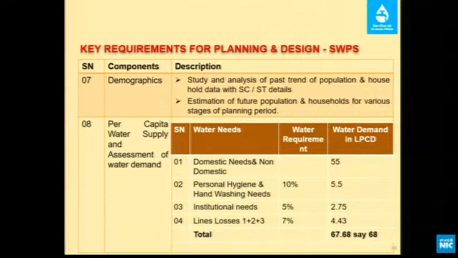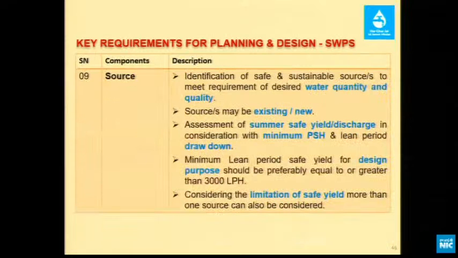I am not going much into demography, as Rana has already explained. Clearly, I have to see that my source is sustainable in consideration of the solar radiation hours. I have seen a few DPRs from some states adopting pumping hours of 10, 12, 15, 16, but my pumping hours will be equivalent to the PSH.